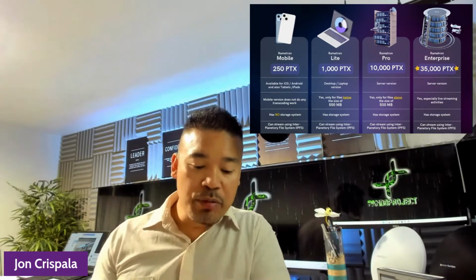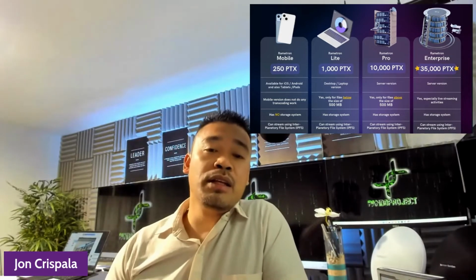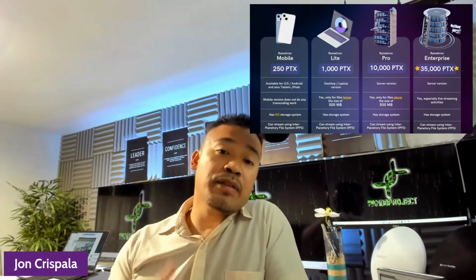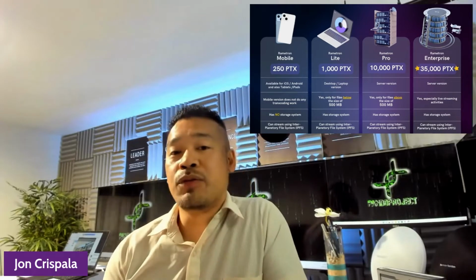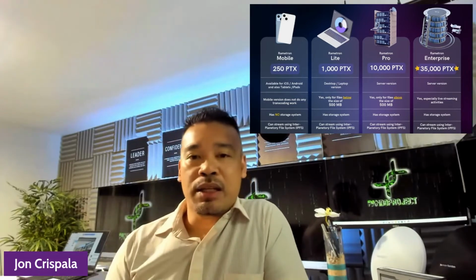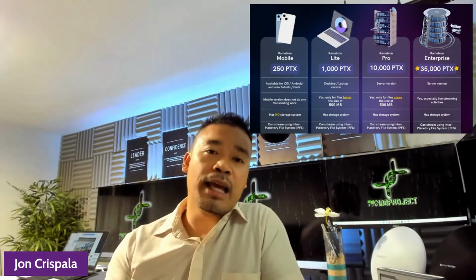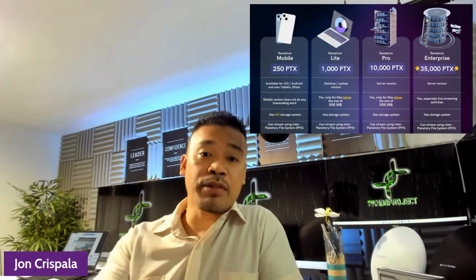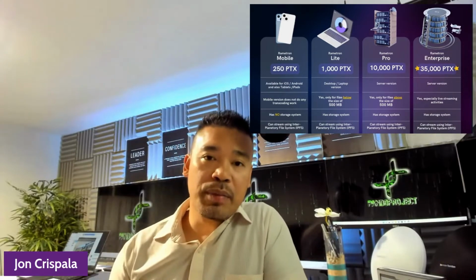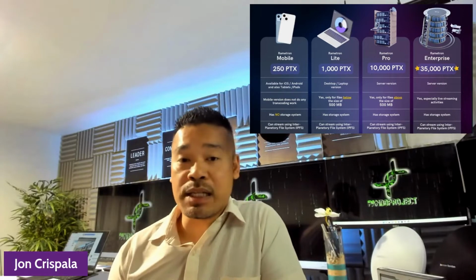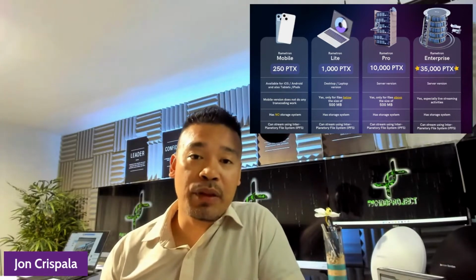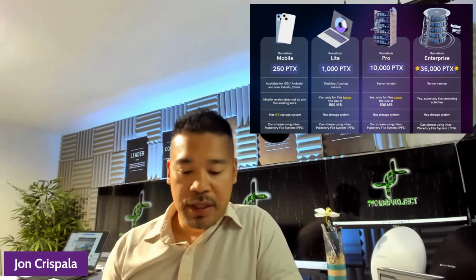And so when we make that migration, the 250 PTX that we use to activate will carry on for the mobile version, and then the light version, which is what we have now, is going to be bumped up to 1,000 PTX for the minimum stake amount.